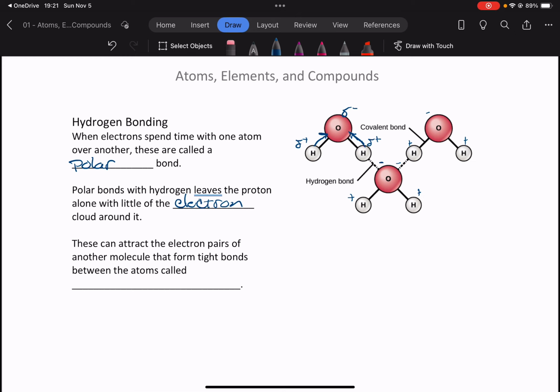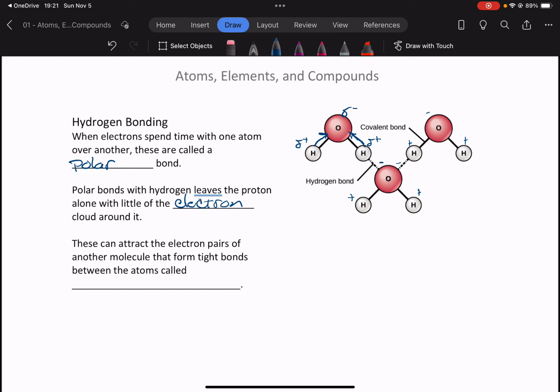Water, we know, boils at 212 degrees Fahrenheit. Methane boils at negative 258 degrees Fahrenheit. And they're about the same size.